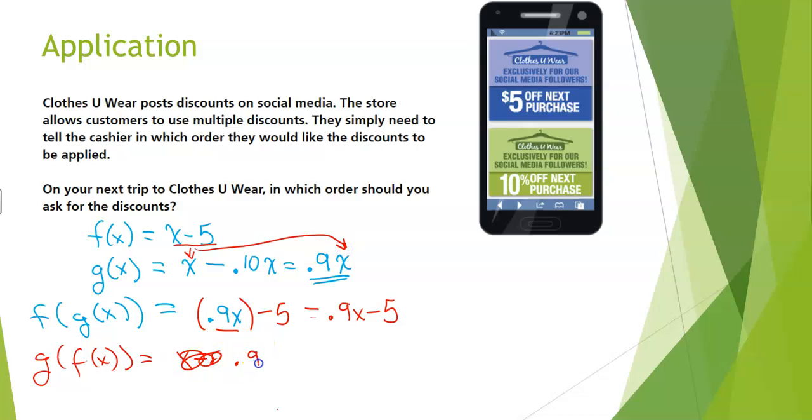I'm going to take 0.9 times x minus 5. I can do it there too, but I forgot I'd simplified it. So now I get 0.9x minus, that's 4.5 with that one decimal, minus 4.5. So which one gives me the better deal? This one right here.